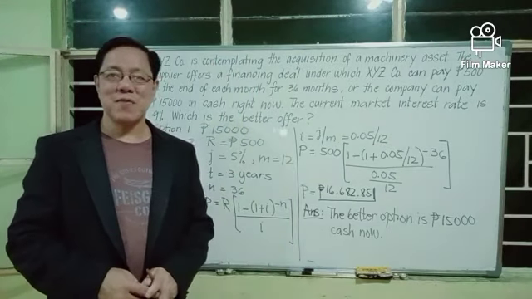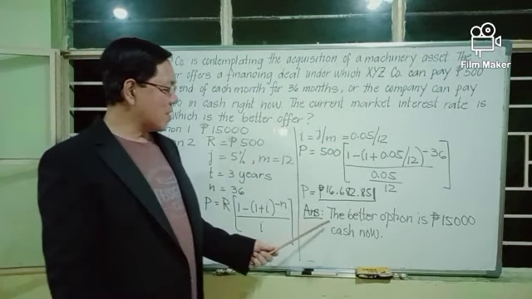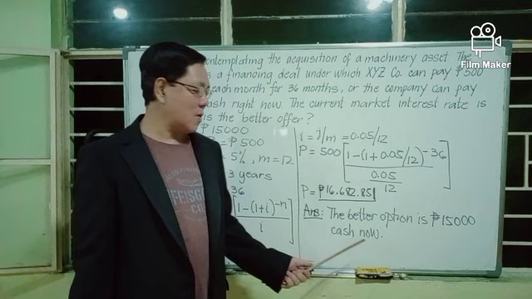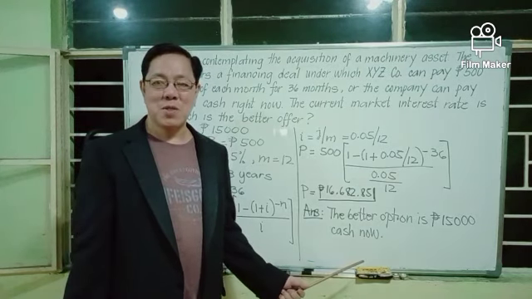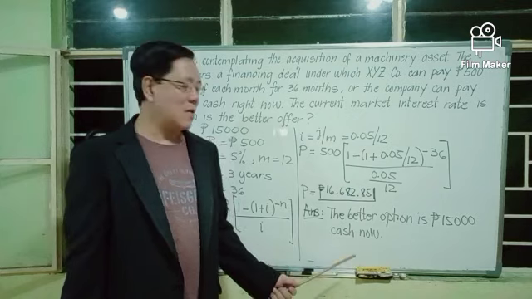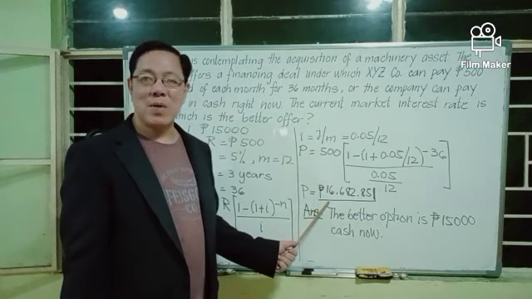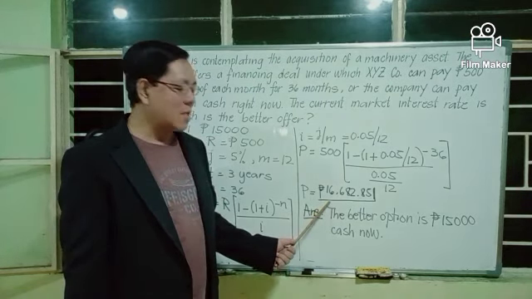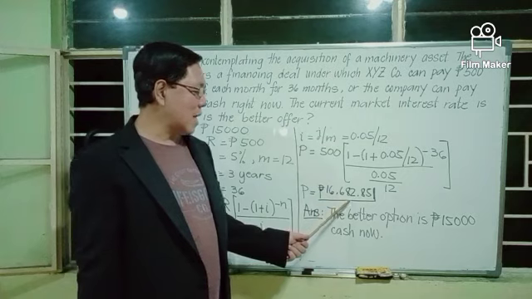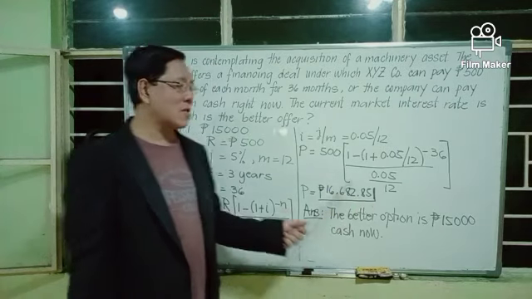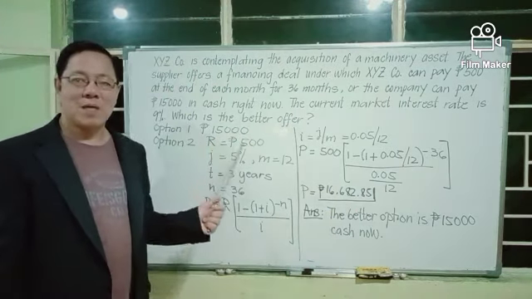And you should write your final answer as the better option is 15,000 pesos cash now. And we choose this option as the better option because XYZ company will save 1,682.85 pesos, which is the difference between 16,682.85 pesos and 15,000 pesos.